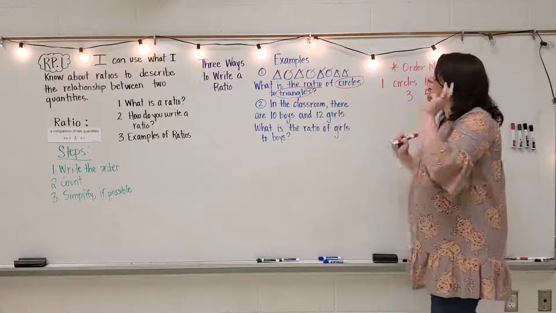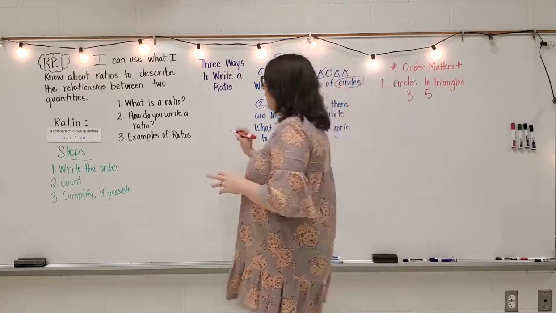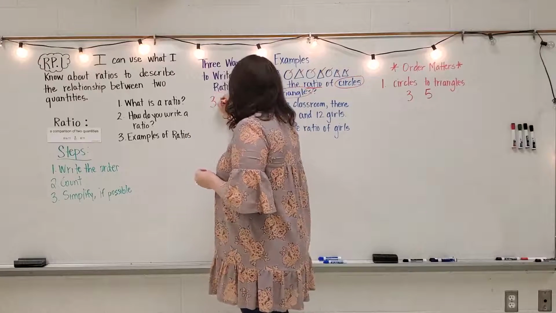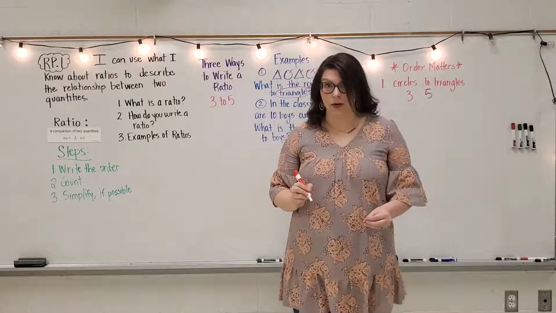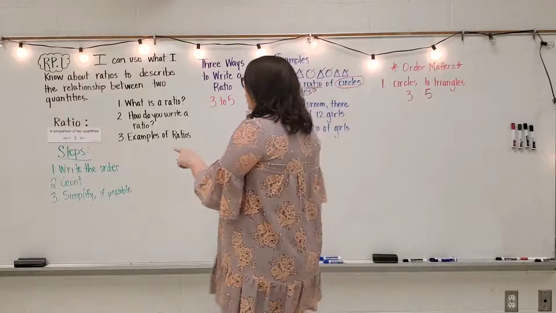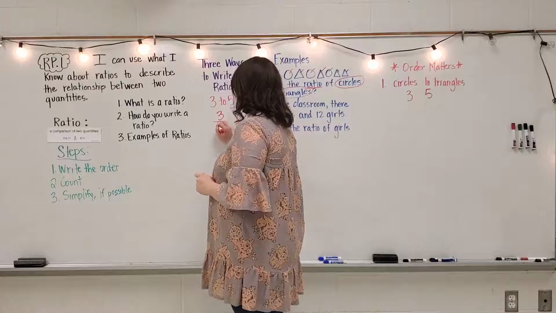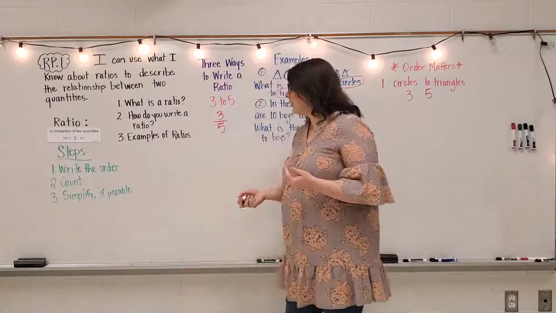Now, there are 3 different ways to write a ratio. You can either write it in word form, like 3 to 5, because for every 3 circles, there are 5 triangles. Or you can write it as a fraction using that division bar, 3 out of 5.